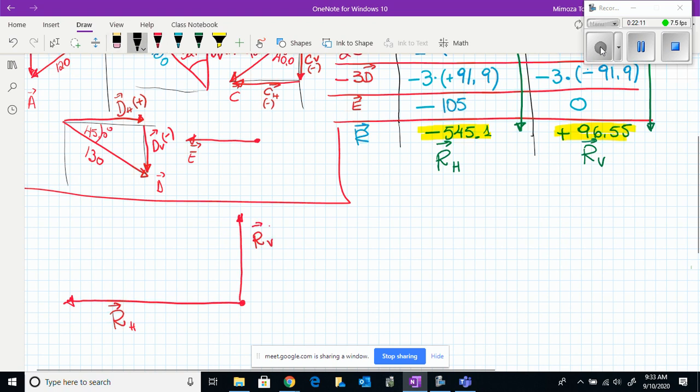Now, using those two sides, we will create the rectangle, and then the diagonal that starts at the same point as the two components is the resultant.